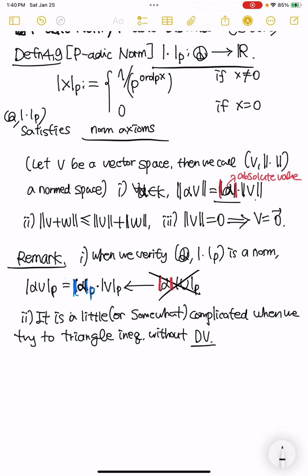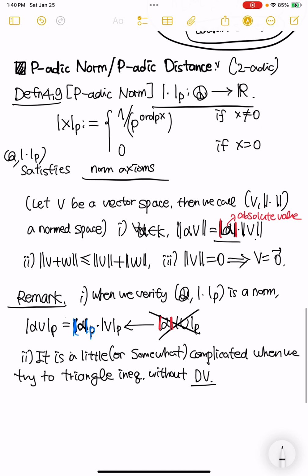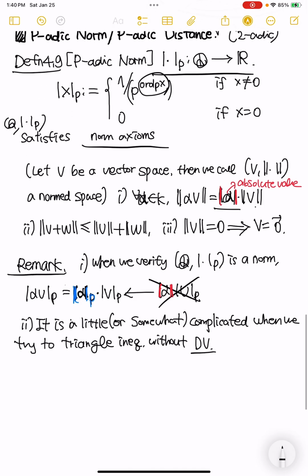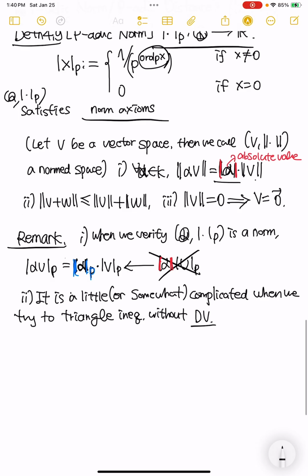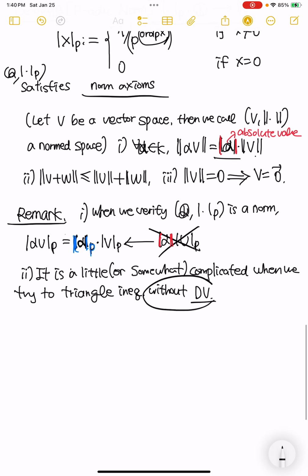We can verify the triangle inequality purely from the definition of the ordinal, but for me that is a little complicated. When we use the knowledge of discrete valuation, we can check the triangle inequality easily.